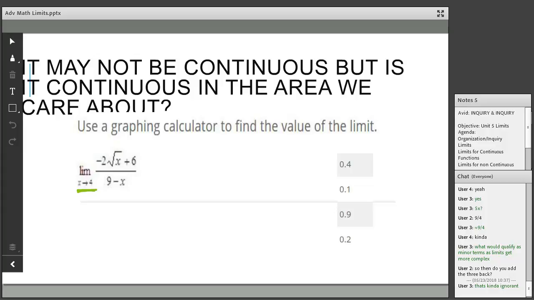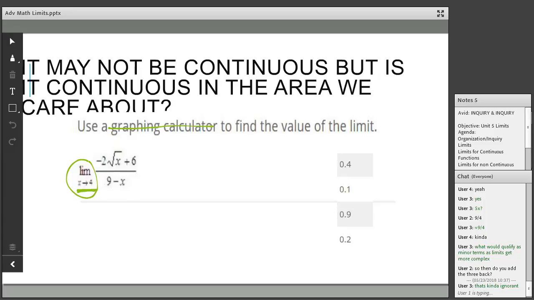You can use a graphing calculator. I know. It says use a graphing calculator to find the value of the limit. You don't even really need to use it. You can graph this on Desmos to make sure that it's continuous in the area we're looking at. We're only interested in that area around 4. So you guys think it's continuous when x equals 4?